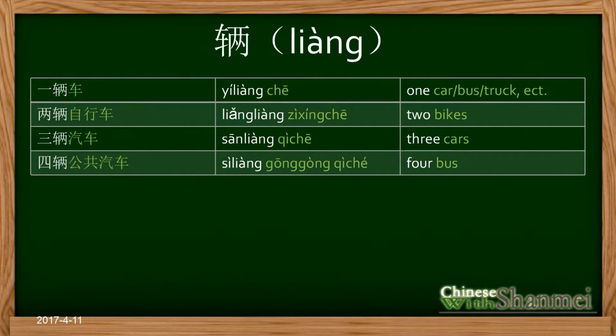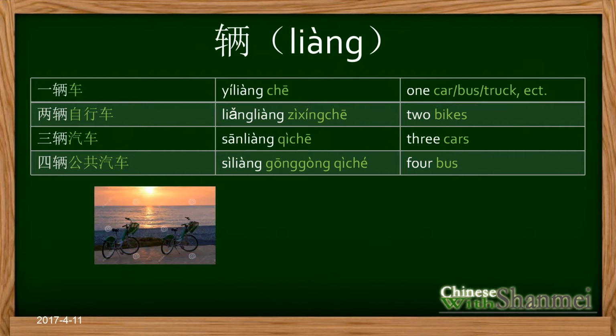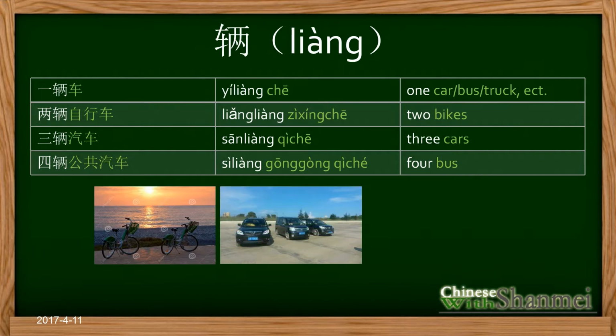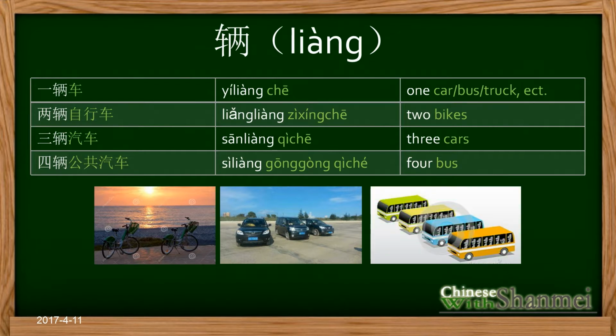Alright, let's take the rest of the examples. 两辆自行车，三辆汽车，四辆公共汽车。Remember, 辆 is the measure word for vehicles. Not for planes or boats, it's for vehicles, usually not for metros or trains.